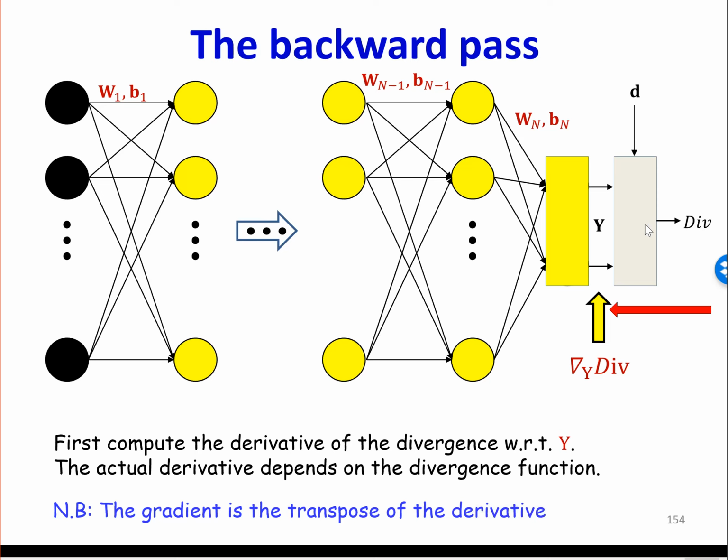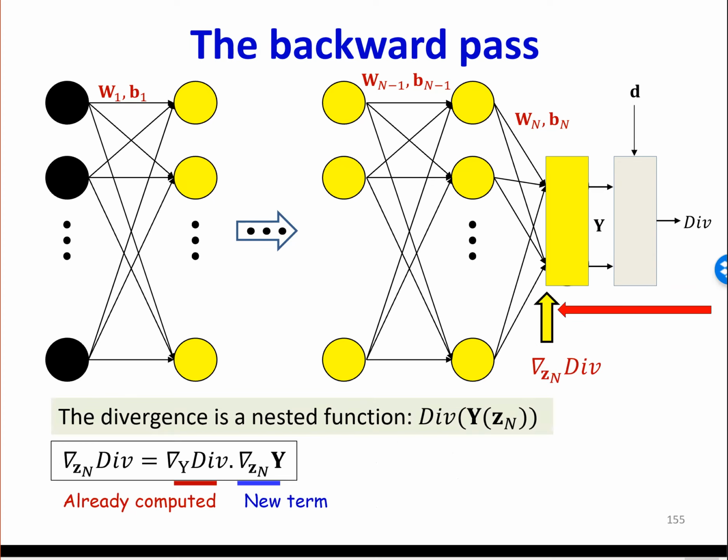So the derivative of the divergence with respect to z. What is the order? Using the chain rule, the outermost function was the divergence. So the first term is the derivative of the divergence with respect to y, and then you right multiply the derivative of y with respect to z.